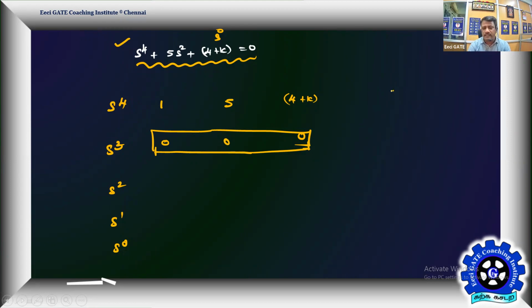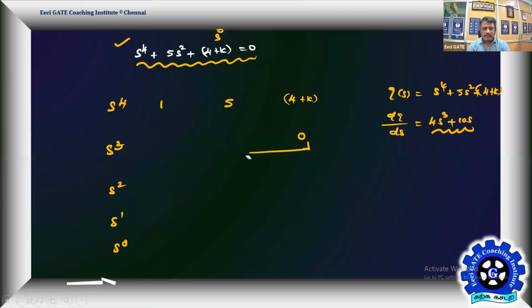So take this as a polynomial q of s that is equal to s power 4 plus 5s square plus 4 plus k. Differentiate it. So dq by ds is equal to 4s cube plus 10s. That's your auxiliary equation. So replace this by the new coefficients.